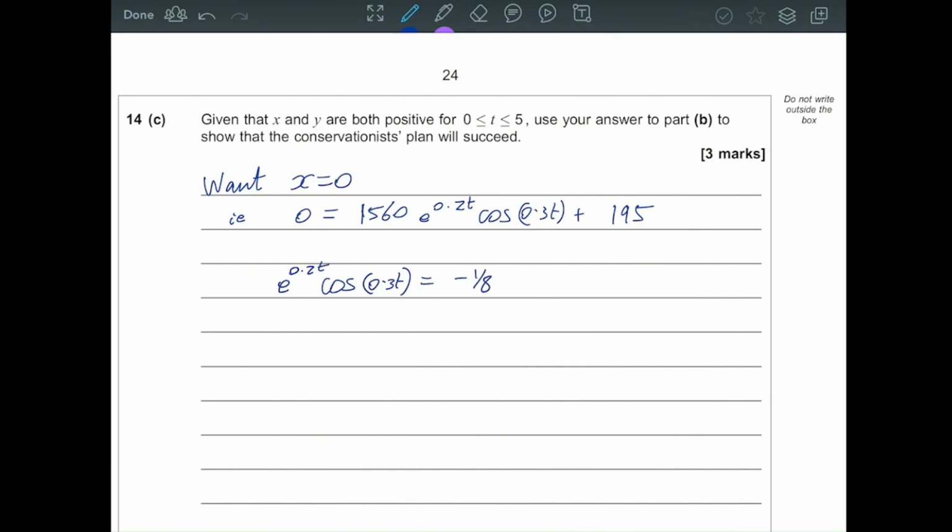So really, I want to show that x is at some point negative, which will then mean there's a change of sign, and therefore at some point it was 0.